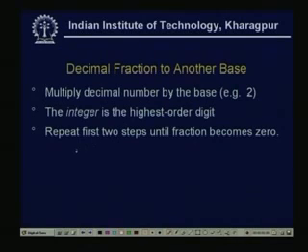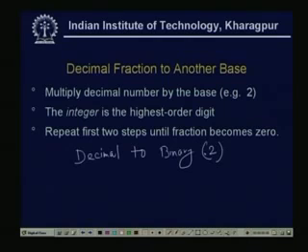Again I am considering this for decimal to any other number system, say binary, then this is for 2. So, we will multiply. The integer is the highest order digit. So, the integer I will get, I will keep that. Here it is the highest order digit, that means the reverse one, and repeat the first 2 steps until the fraction becomes 0.